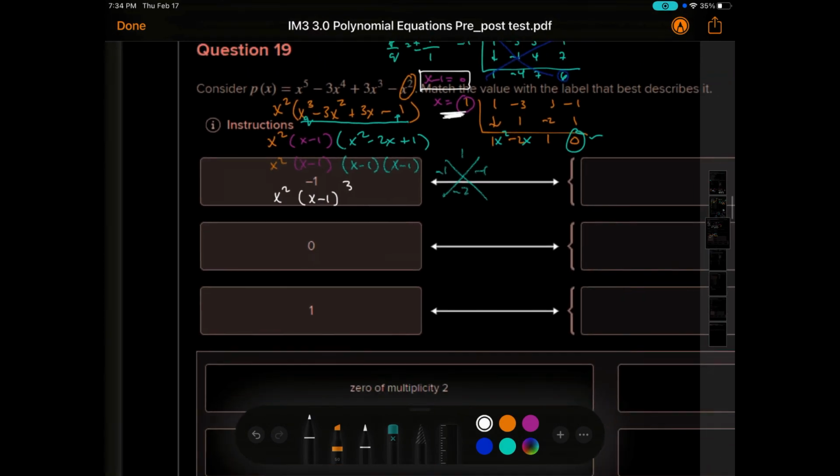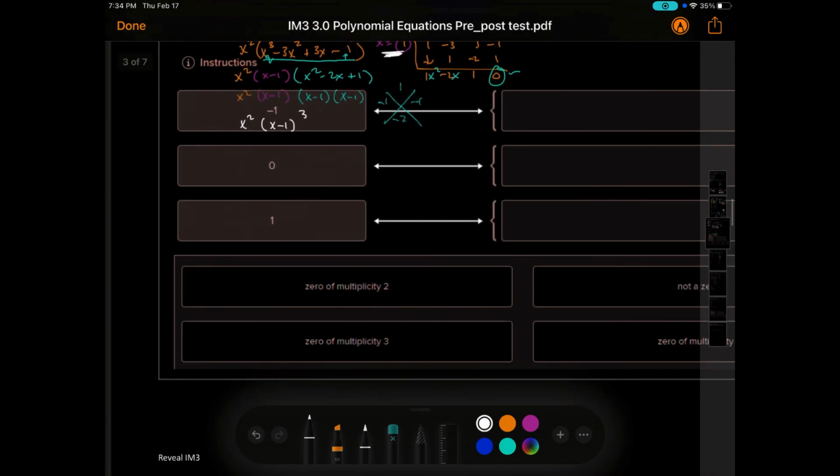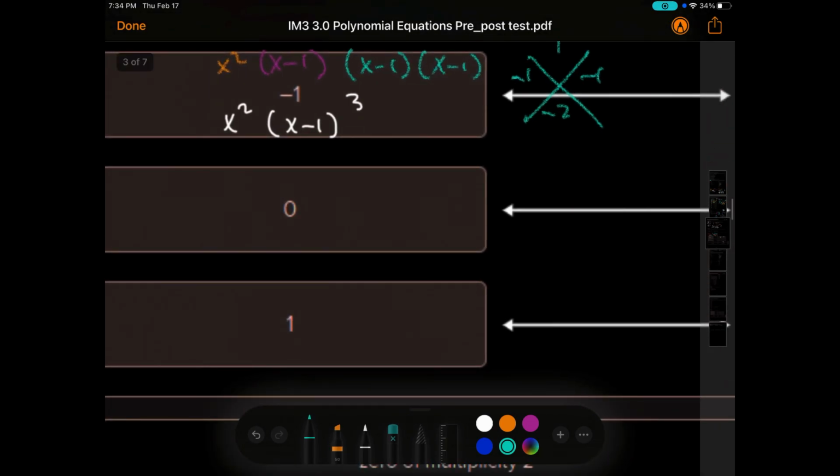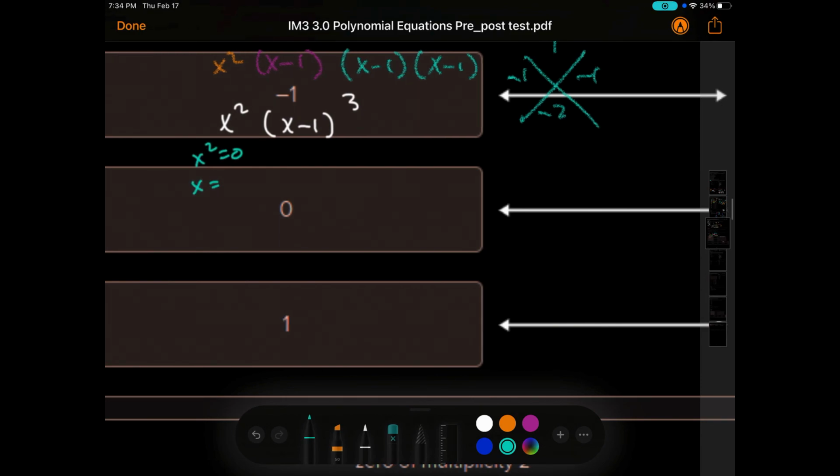So we can say that the negative 1 is not a 0. Now, if you set this equal to 0, you get x equals 0.